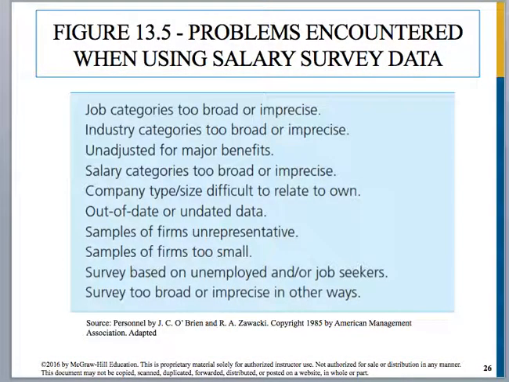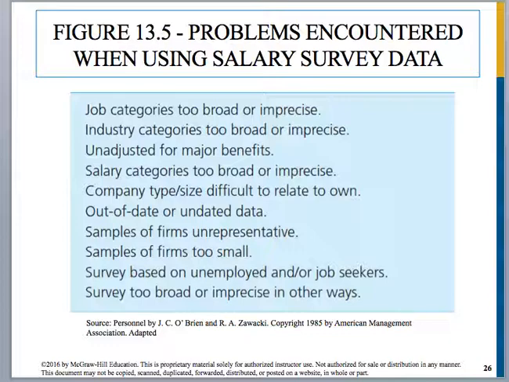Figure 13.5 looks at the problems that you can encounter when using data from the surveys, where the categories would be too broad or too imprecise, like I mentioned earlier. The industry categories could also fall into that same pitfall. Then there's data unadjusted for major benefits, so it's not making adjustments for really big benefits beyond the basics.